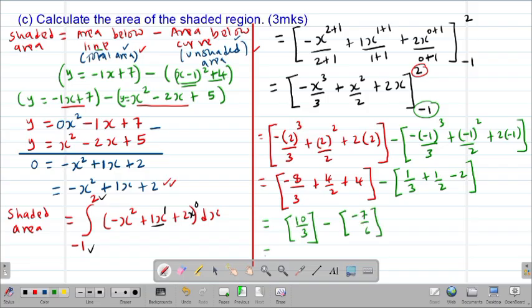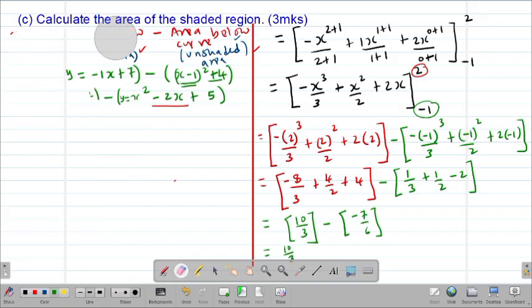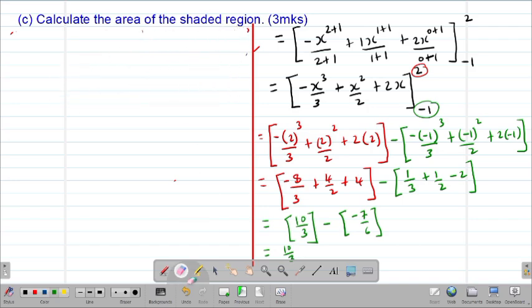So on simplification, let me complete it from this side here. We're going to have 10 over 3, so our shaded area will be equal to 10 over 3 minus 7 over 6. So this will be 10 over 3, minus will give us plus 7 over 6.